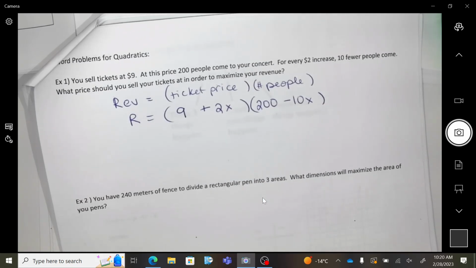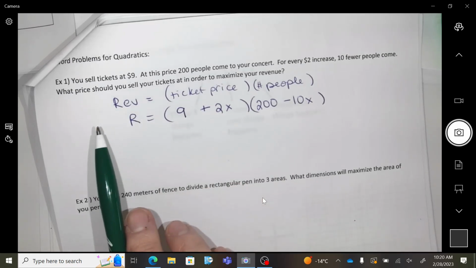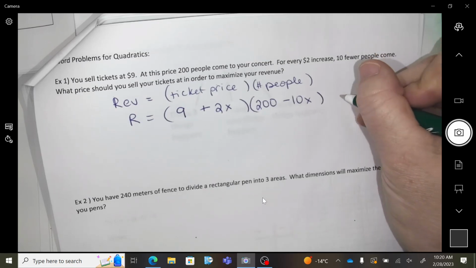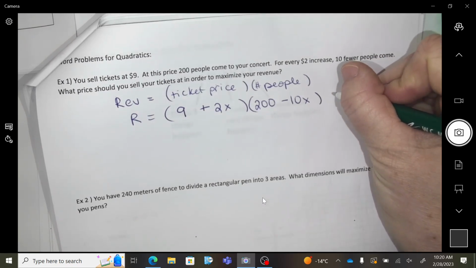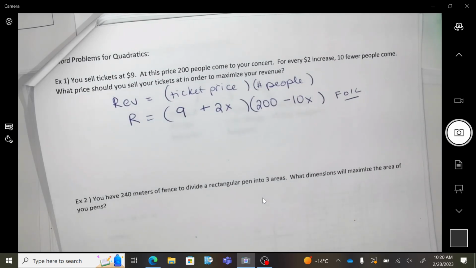Okay. Anybody see something that we possibly could do that we know how to do in math at this point when something looks like this? Whenever I ask this question, it usually starts with an F word. What do you think? Could I FOIL something that looks like that? Okay, can you get me your FOIL? Multiply that all together.